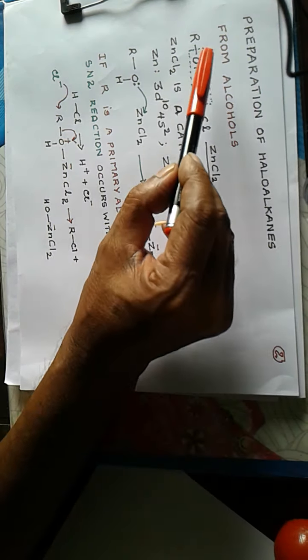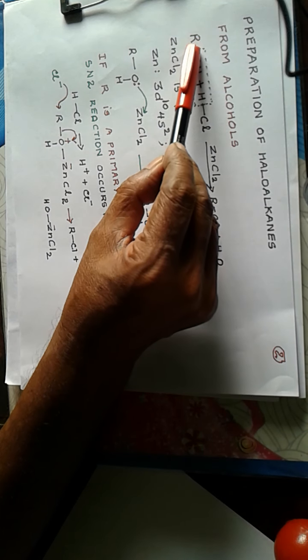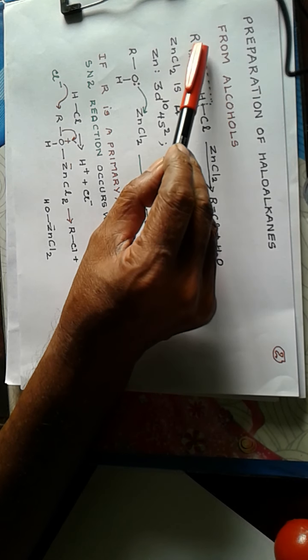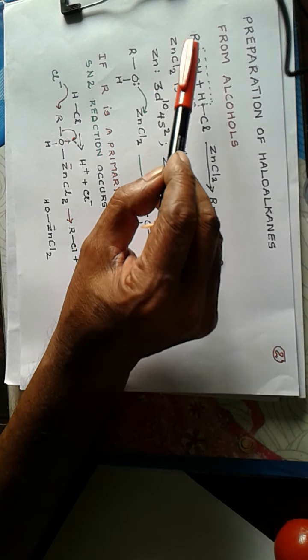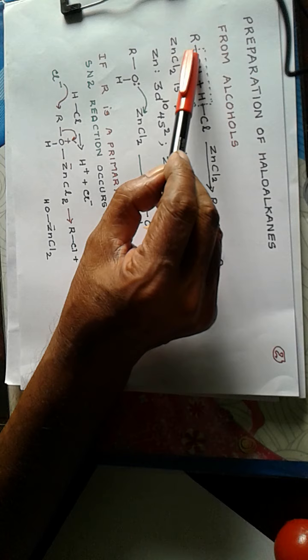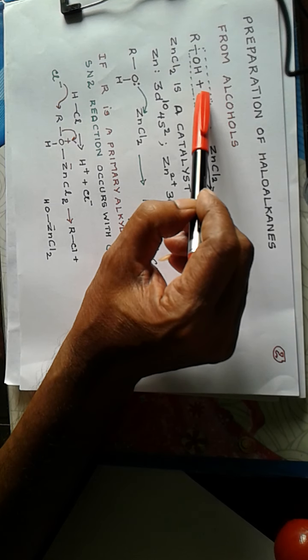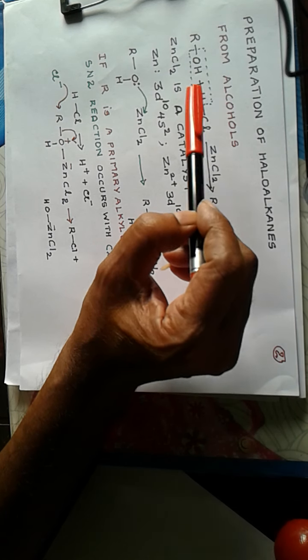And then the valency created by breakage of the ROH bond. When the RO bond is broken, a valency is created over R and a valency is created over OH, that is the oxygen atom. And when the HCl bond is broken, a valency is created over hydrogen and a valency is created over chlorine.